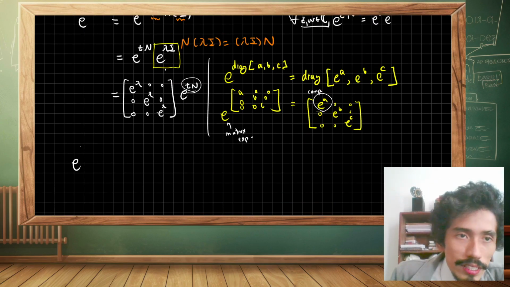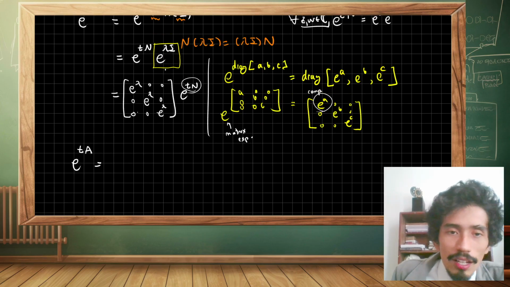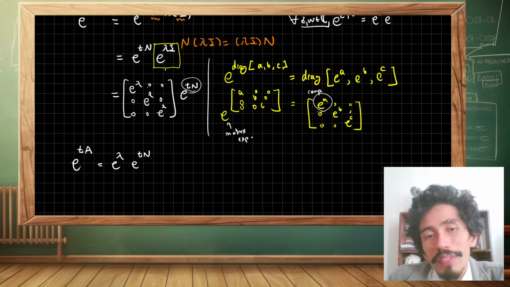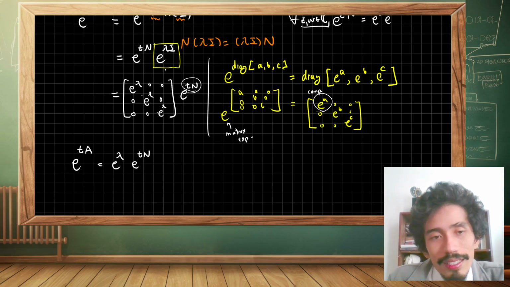So A is equal to this diagonal, but you know that this multiplication is equivalent to just multiplying this scalar by the result of this matrix, because this is a diagonal matrix with constant coefficients.